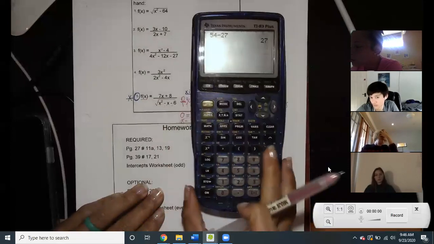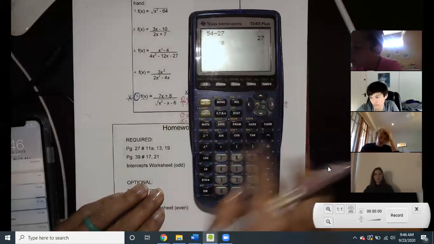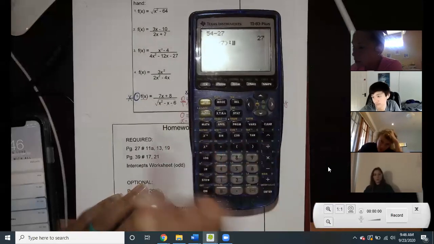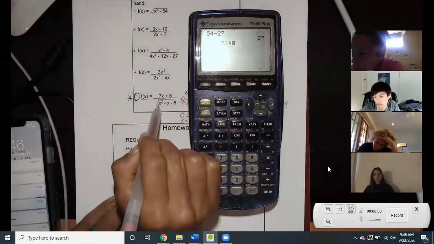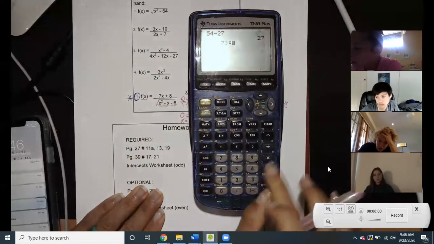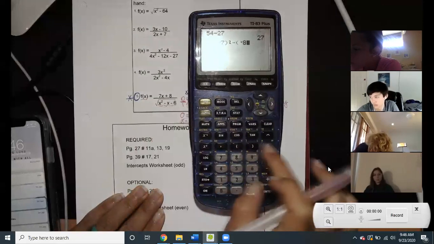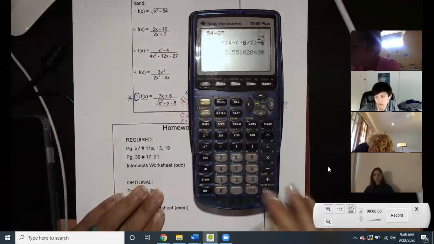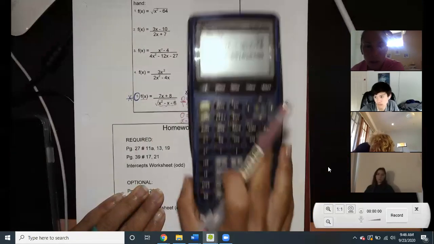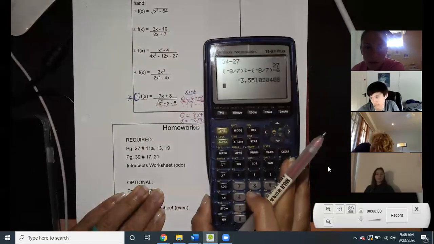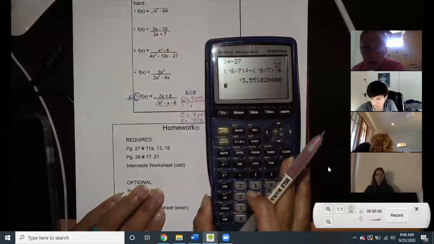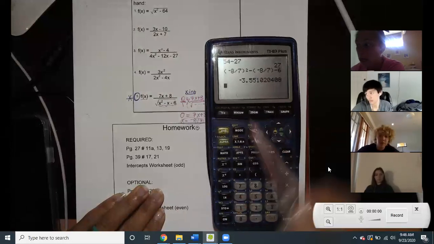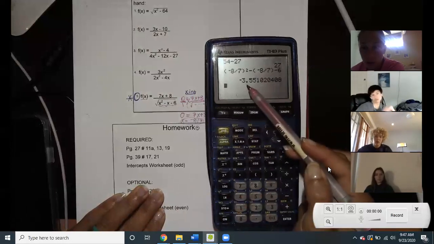So what I'm going to do really quickly is type in negative 8 over 7 squared minus negative 8/7 minus 6 into this little quadratic underneath here. Does everybody see how I typed negative 8/7 in and got a negative value as a result?